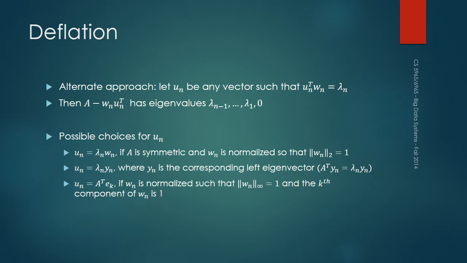You take that component and self-intersect with that. So here are just some simple ways in which you could extract the influence of the dominant eigenvector.